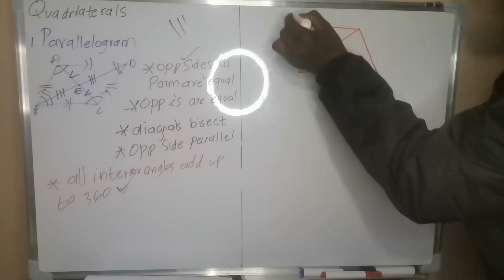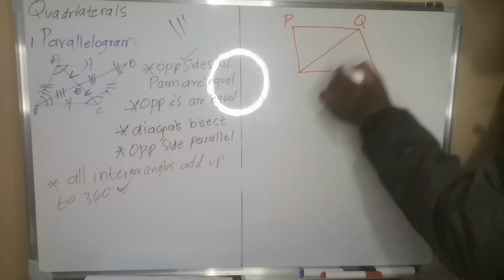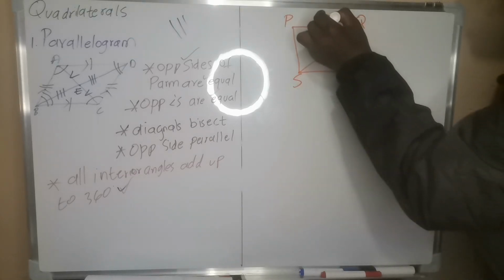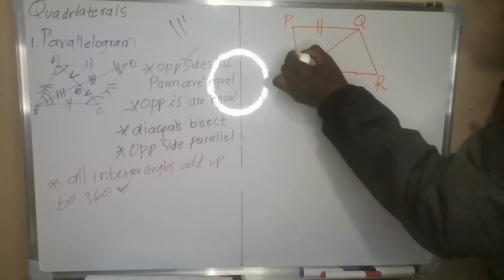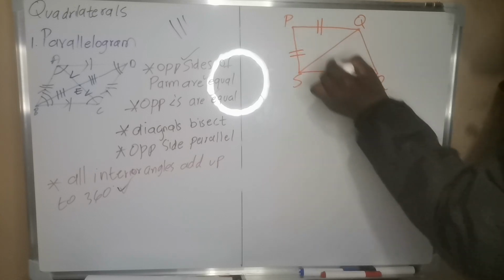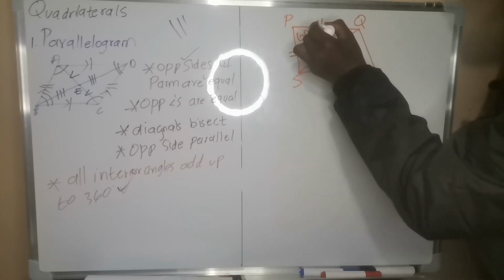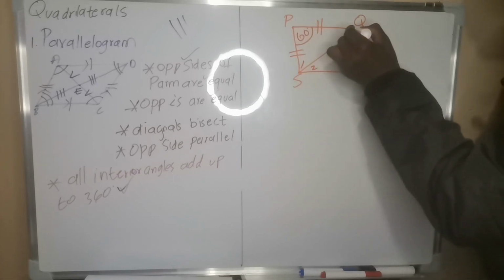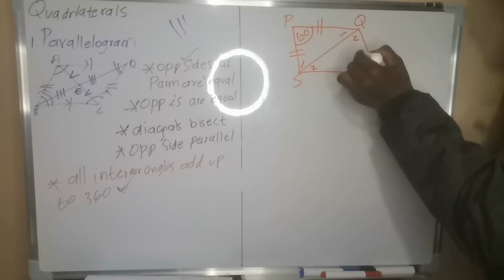So you have P, Q, S, R. Then this side is equal to this one here. This one is 60 degrees here. And you have S1, S2, Q1, Q2.